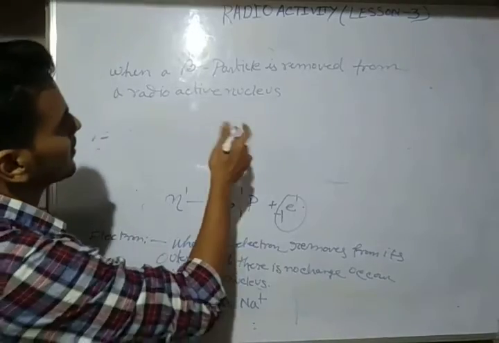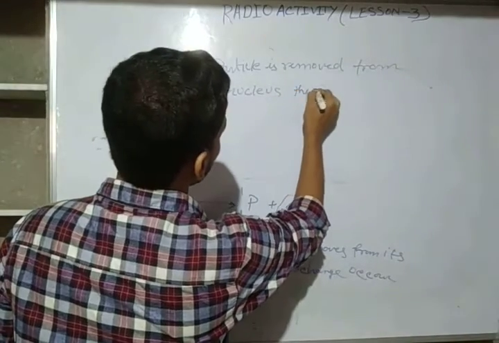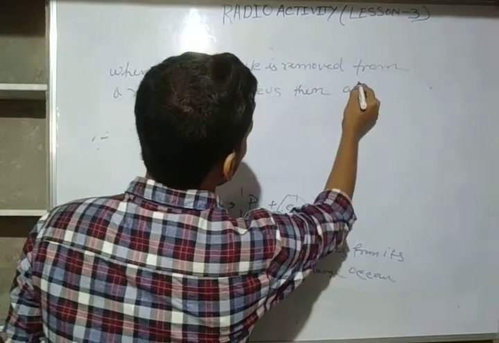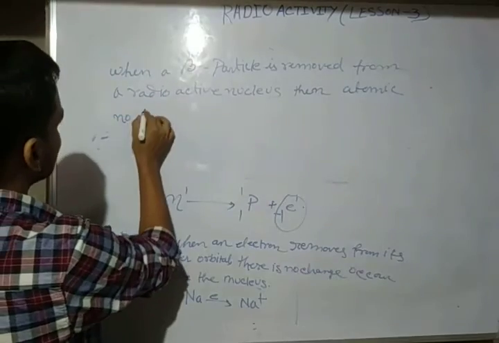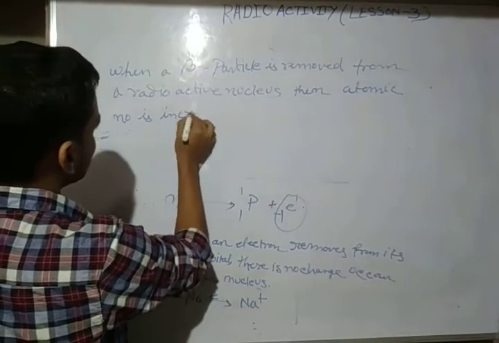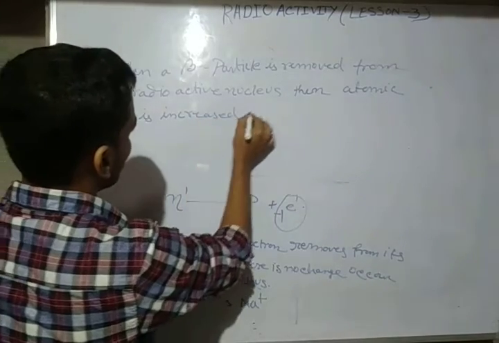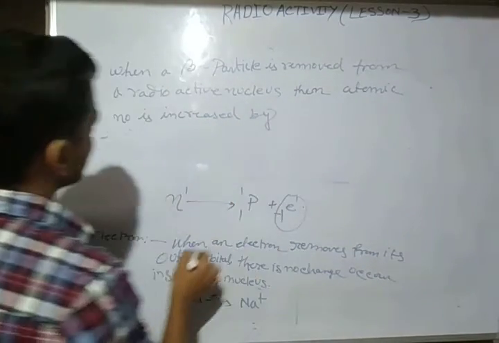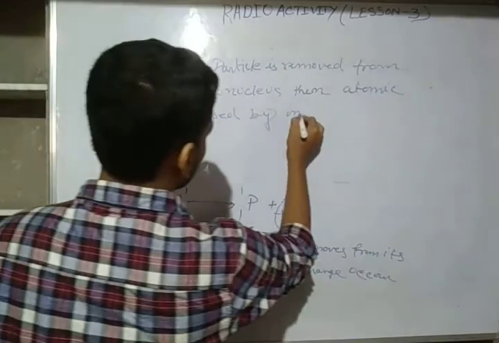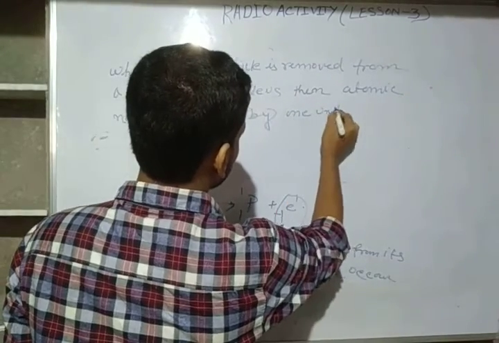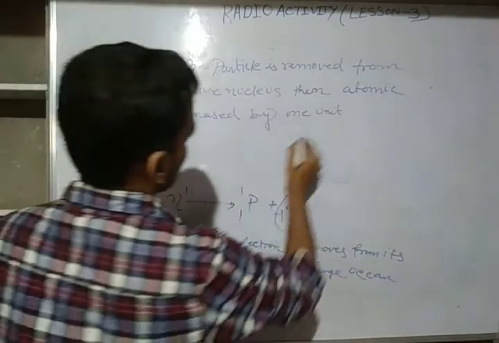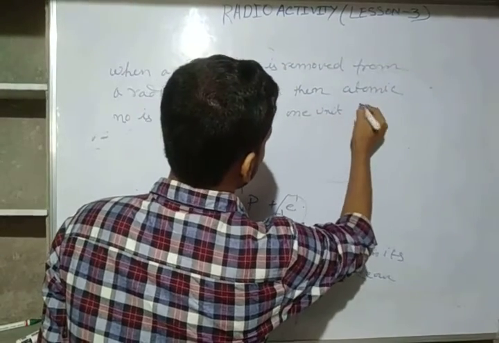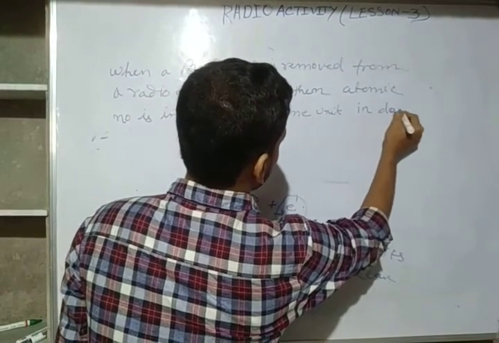Then the atomic number is increased by 1 unit in the daughter nucleus.